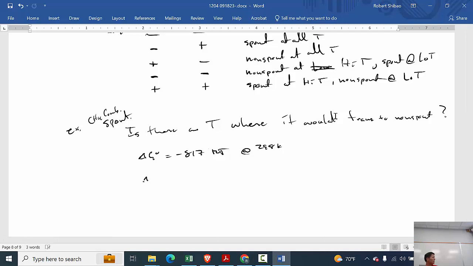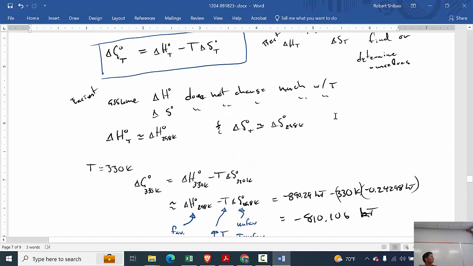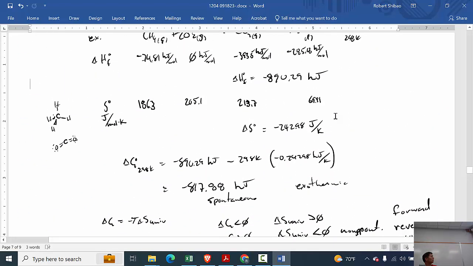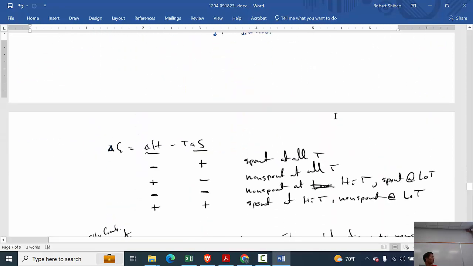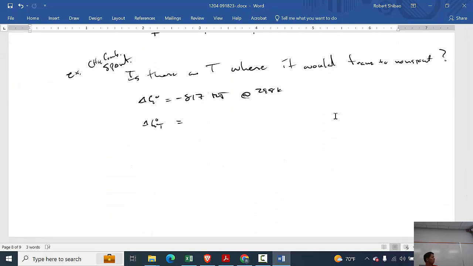So we'll just do delta G naught here, and we're looking for the temperature T. Our delta H is minus 890.29 kilojoules.